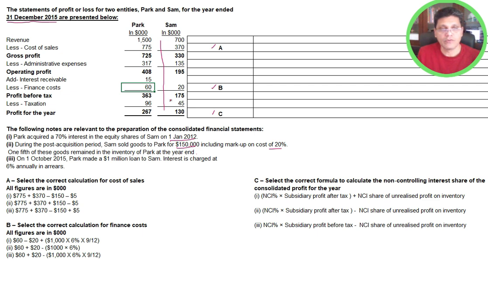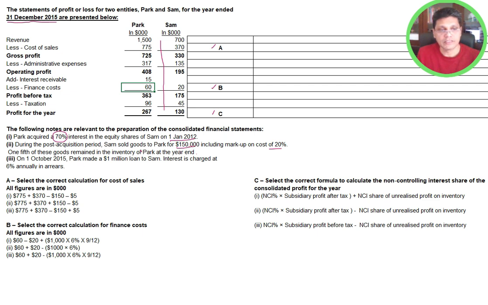So when you identify the unrealized profit, it has to be removed from the profit of SAM when we distribute in this ratio 70 to 30%. The unrealized profit included in the profit of SAM will have to be eliminated before distributing the profit.